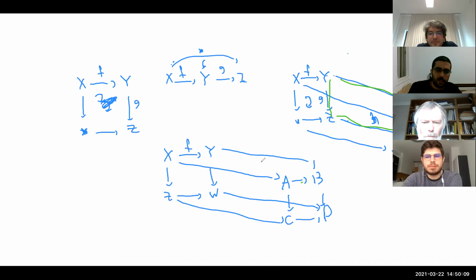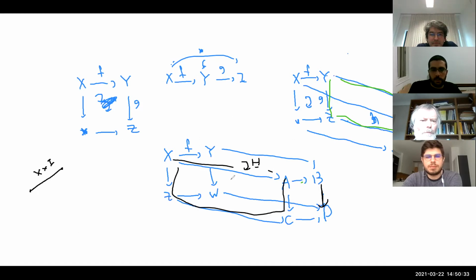If you choose a null homotopy here, and you compose with the last one, you get a map from X cross I to D. And you can choose another null homotopy for this side, and compose this with the last map, and you get another map from X cross I to D.